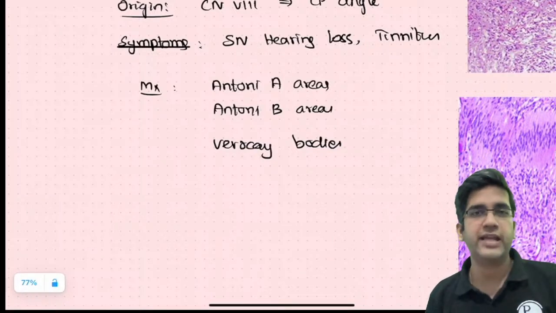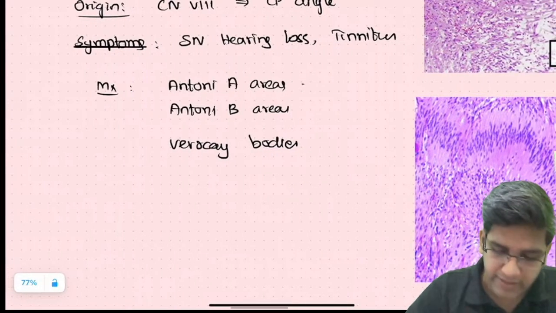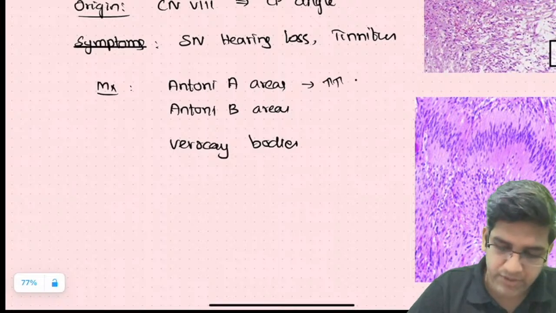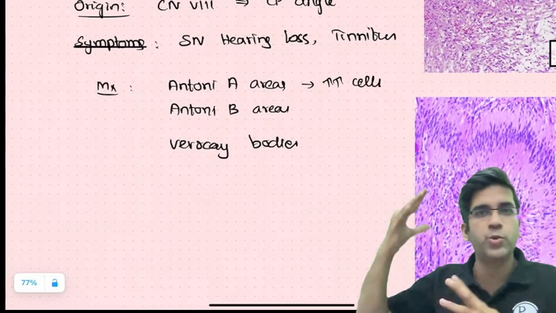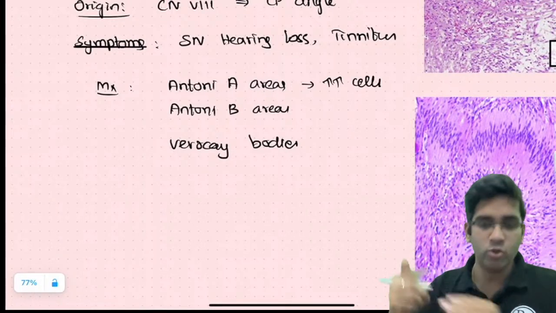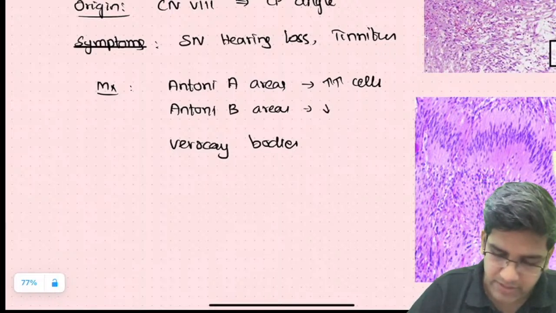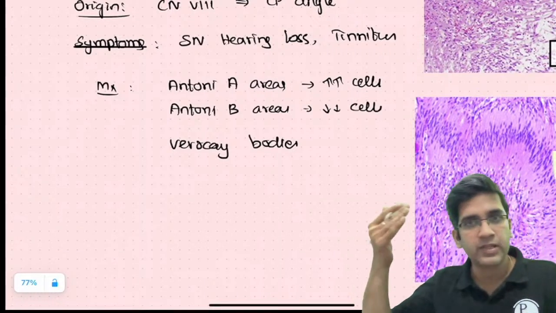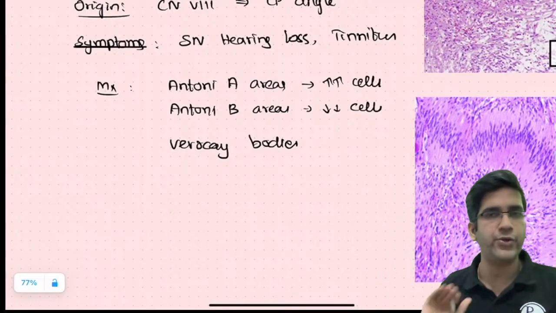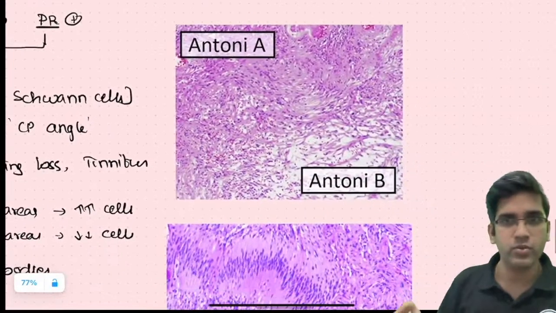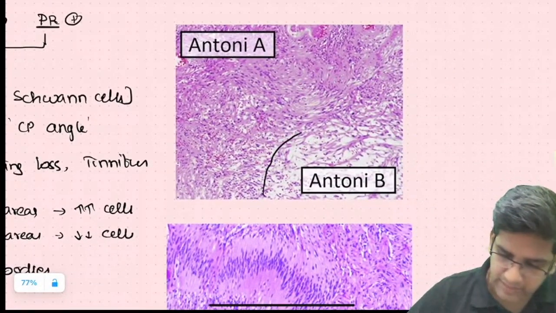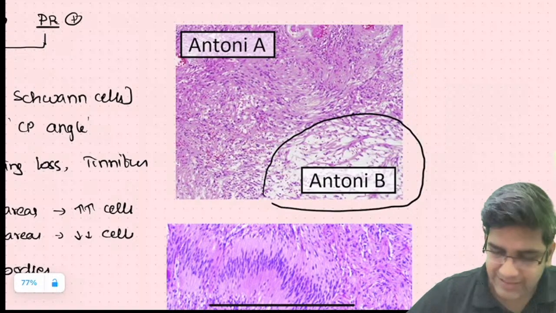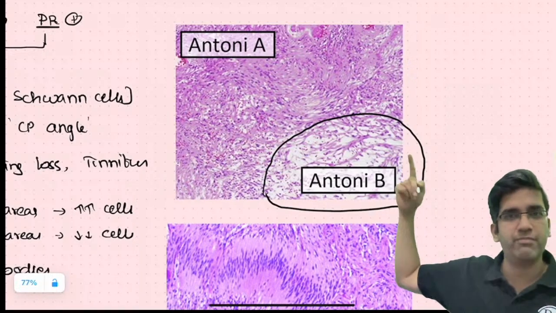What do Antoni A and Antoni B mean, right? Antoni A is an area with more cells. A is more, then B is fewer cells. So a hypercellular area and a hypocellular area are the Antoni A and Antoni B areas. Can you observe that here I have fewer cells and more white background?